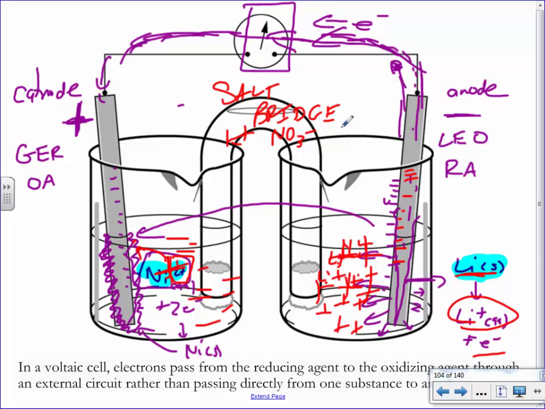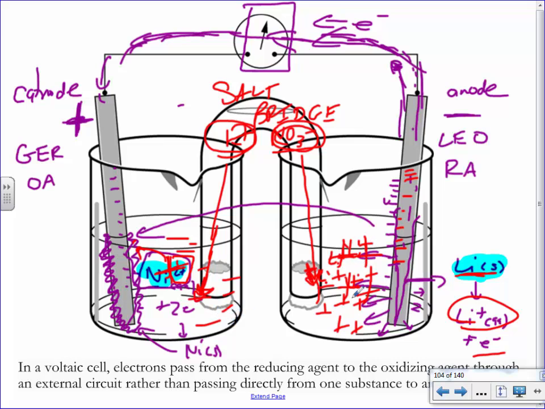From biology? Like where things go from high concentration to low concentration? What ends up happening is the salt bridge causes nitrates to diffuse this way to counterbalance all the positives that are showing up over here. And it causes potassium to diffuse this way to counterbalance all the negatives over here. And it prevents the cell from becoming too polarized.